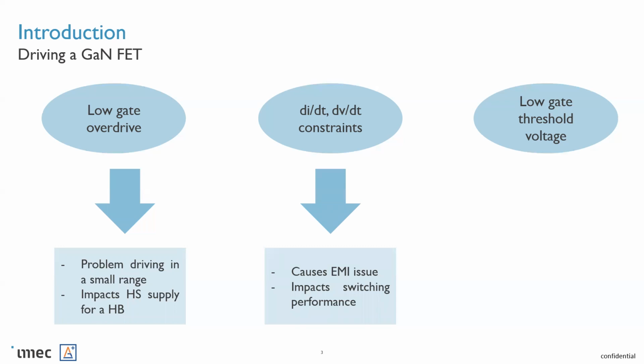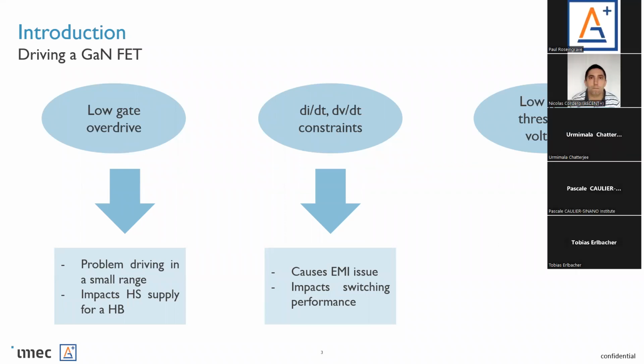Besides that, because of its high switching frequency capability, it also has high dV/dt and dI/dt transitions. That causes EMI issues, and it also impacts the switching performance. So gate ringing is a common phenomenon when driving GaN.